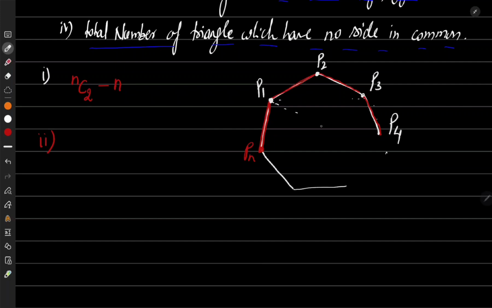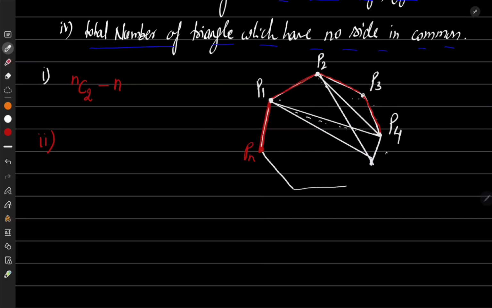It needs to meet at P4, only one side in common, so this type of triangle will be formed. Or let's say P5 is there, so it will meet with this one, then this triangle will be formed.